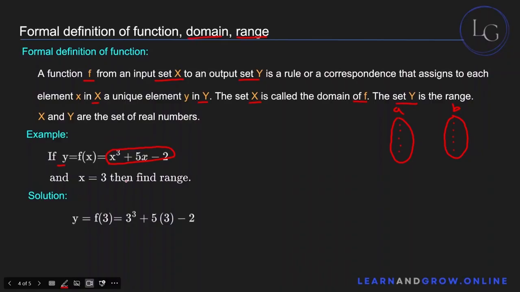When you plug in x equal to 3, you get 3 cubed plus 5 into 3 minus 2, and that gives you 40, right? So x equal to 3 is the domain, and y equal to 40 is the range. That's as simple as that.